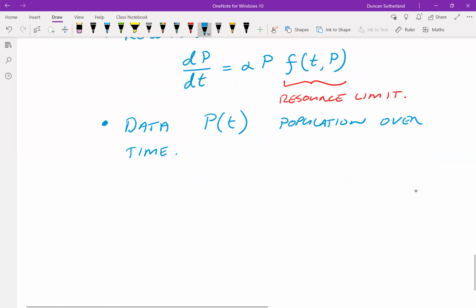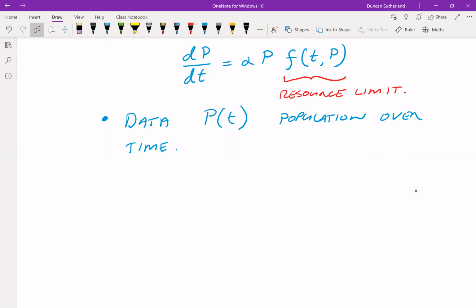Whatever that looks like, you can plot it and have a look and see what it does. Typically, you would see it grow, but you might see it grow at a non-uniform rate. Once you have p of t, even if it's numerical data, you can compute or estimate its derivative.